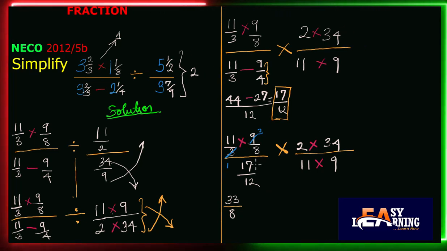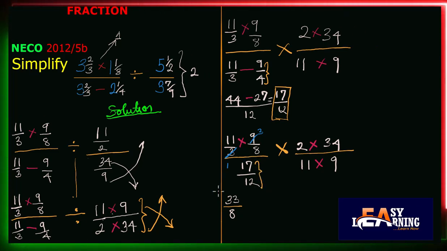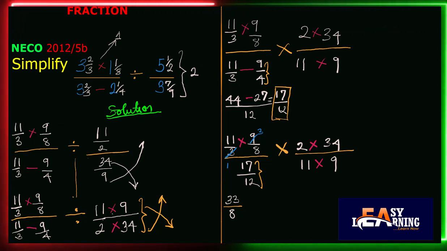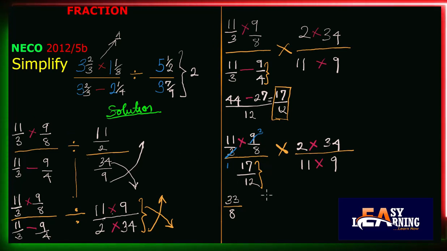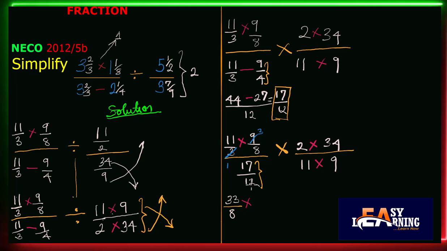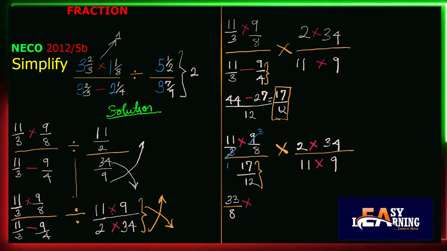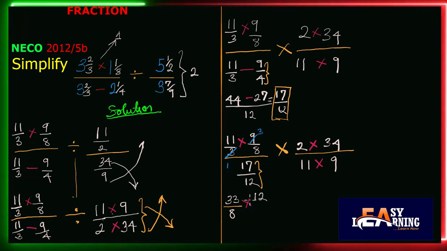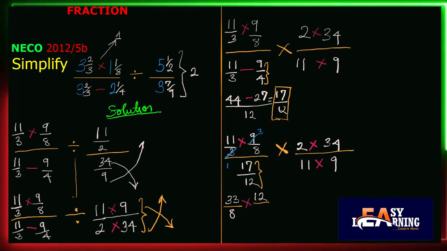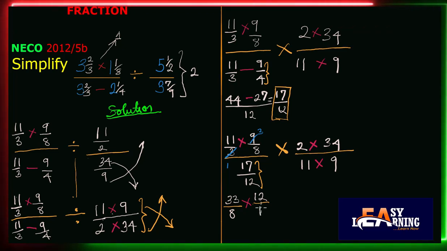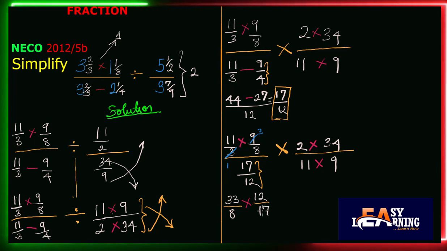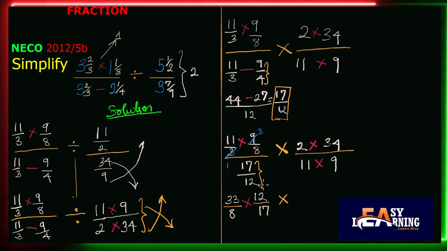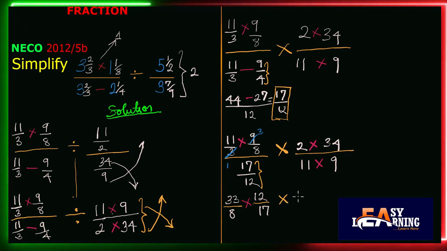We will interchange this denominator, and then we introduce a times sign, times denominator becomes numerator, numerator becomes denominator, times 12 all over 17. All right, and we can bring down this other side, times everything that we have on this right hand side.